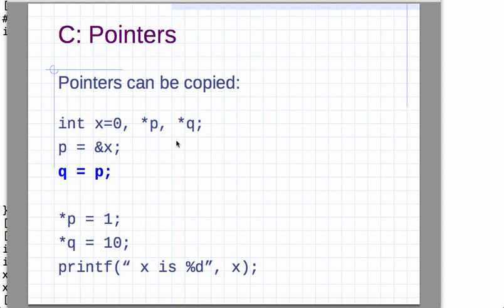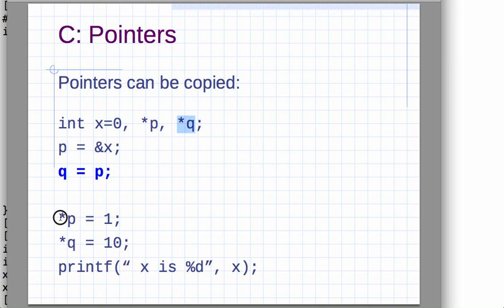Another thing that we could do is maybe declare another variable q, which is also a pointer to int in this case, and then we can copy whatever p has into q. So at this point both p and q point to the same thing, that is x.